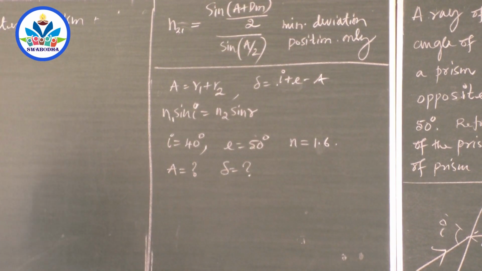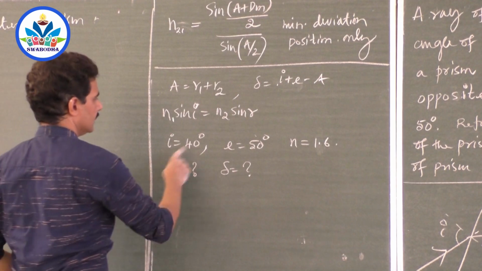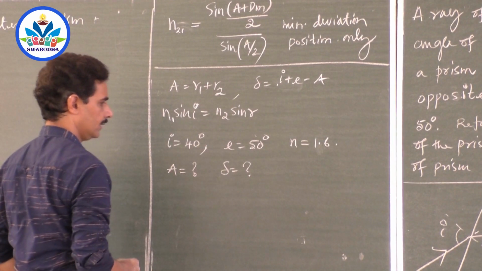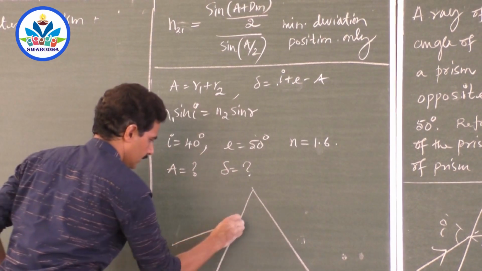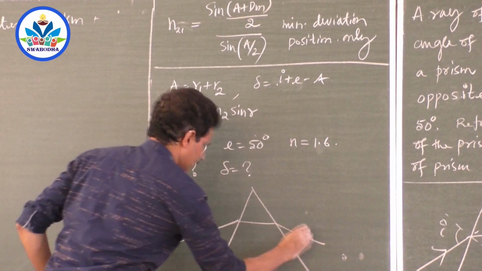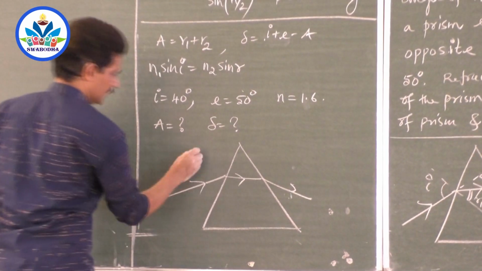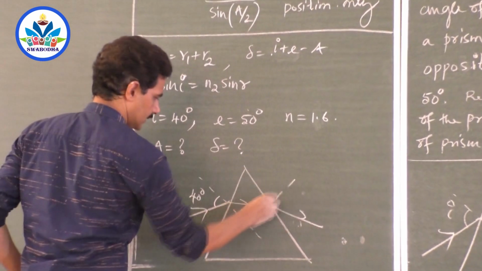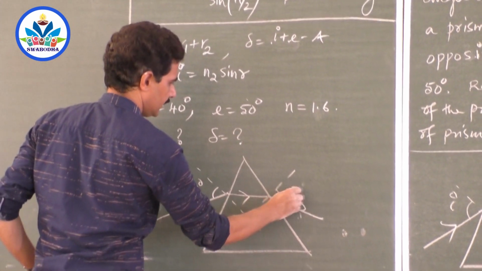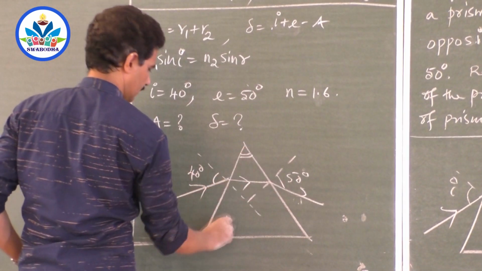Okay, now, so how can we solve this? I is given, E is given, N is given. Shall I draw a diagram once again here? I will put all the values here. This one is 40, this is 50 and this is question mark and this is 1.6.